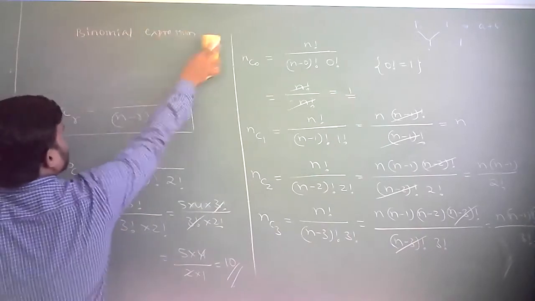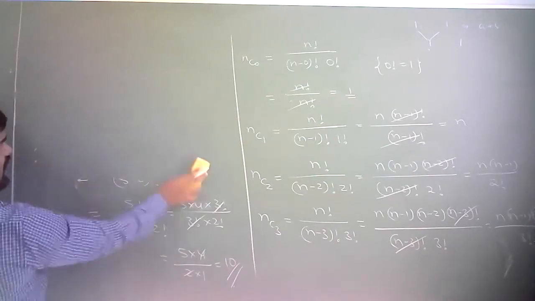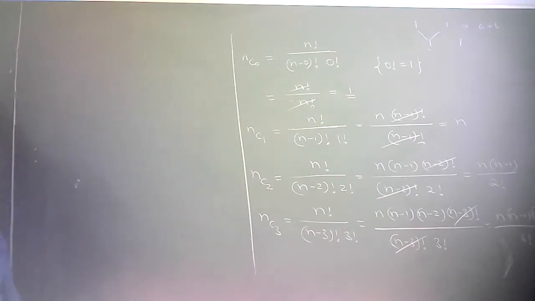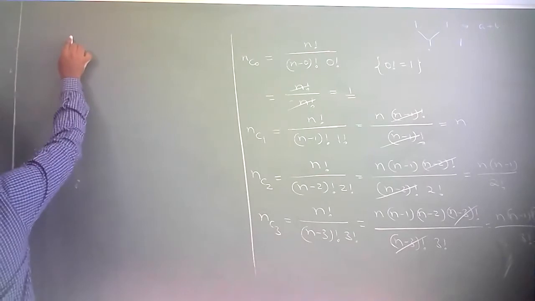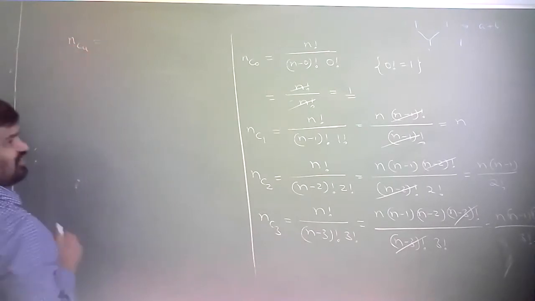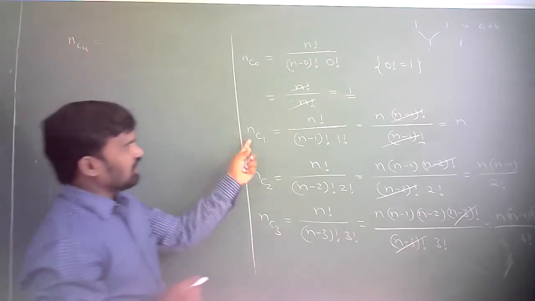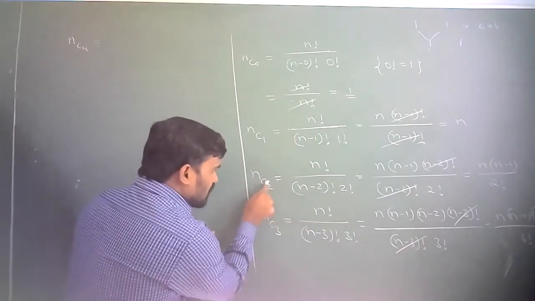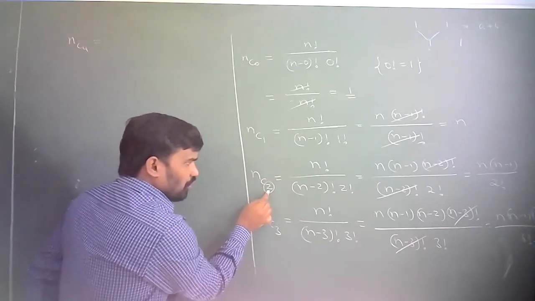My dear intelligence, here you can get one idea. With that idea, you can write any value simply. What is that, sir? If I want NC4, sir: NC1 means up to n I have written.